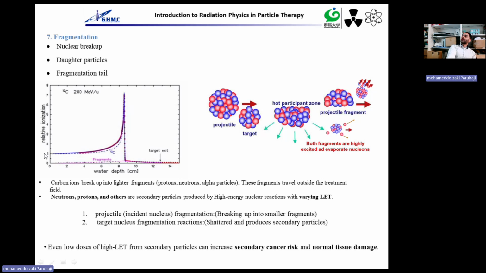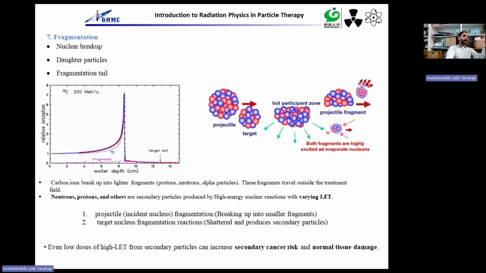When the charged particle enters along the path, secondary particles will appear. LET is fluctuating, it is slowing down, losing a lot of energy.